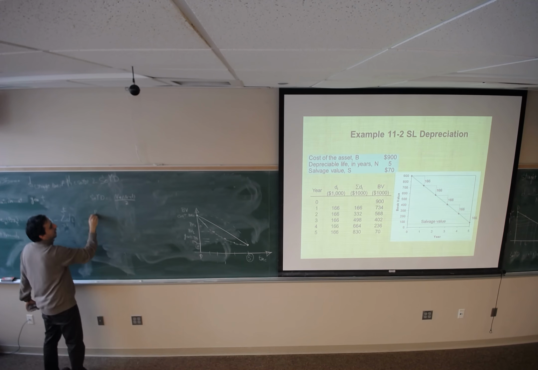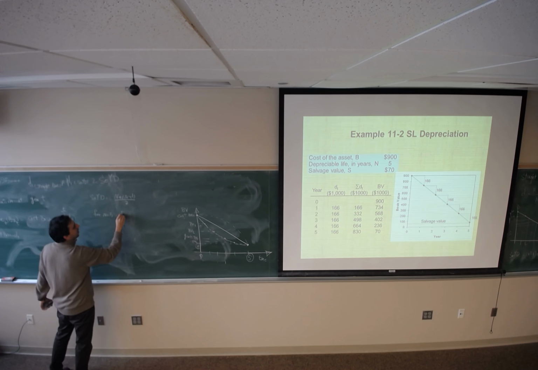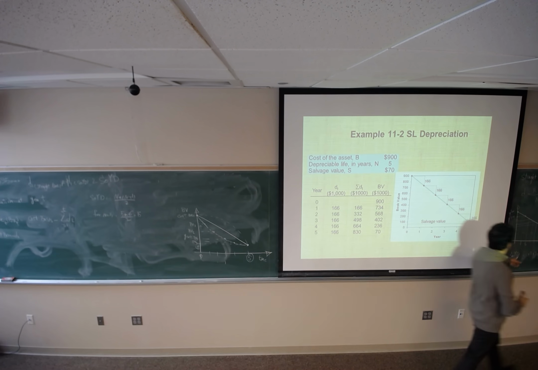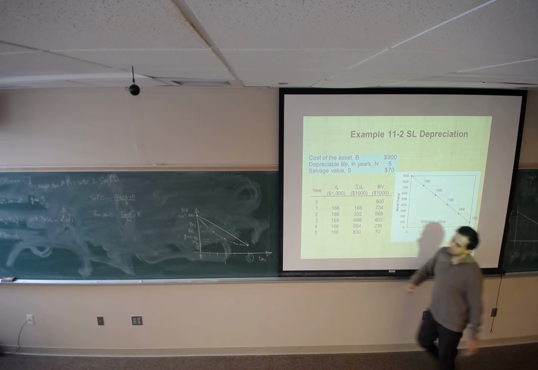For n equals 5, it's 5 times 5 plus 1 dividing by 2, which is 15. And if you add them up, you get 15: 3, 6, 10, 15.